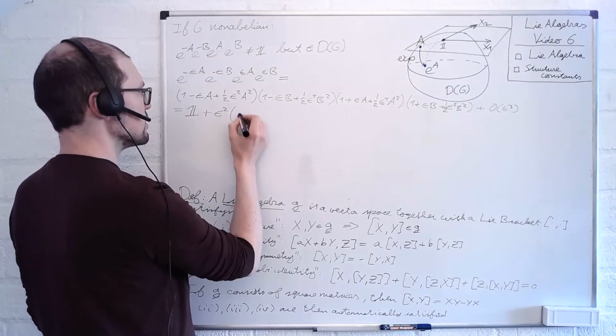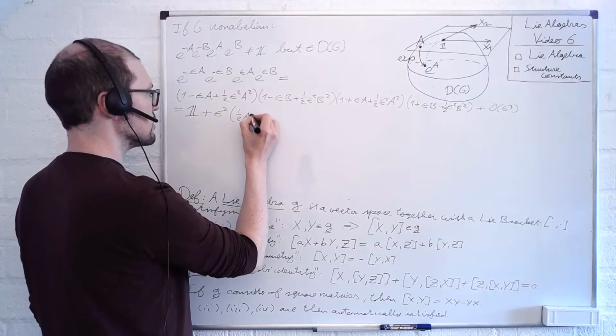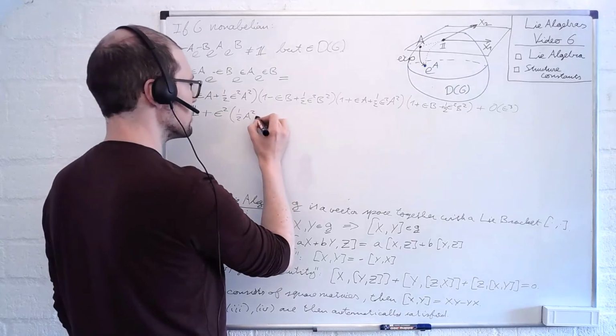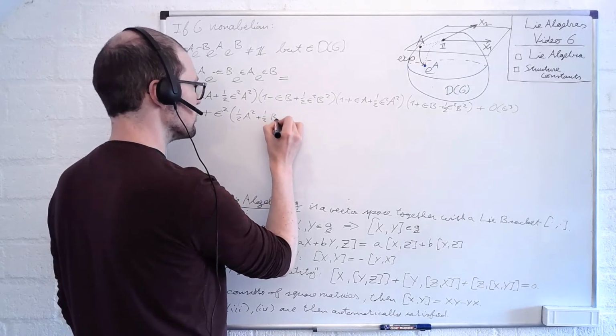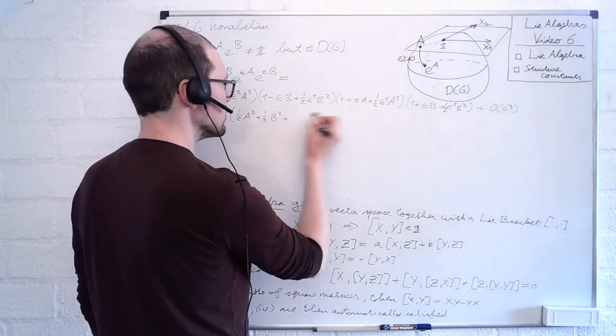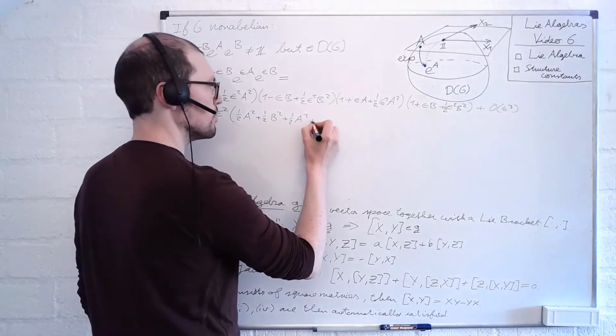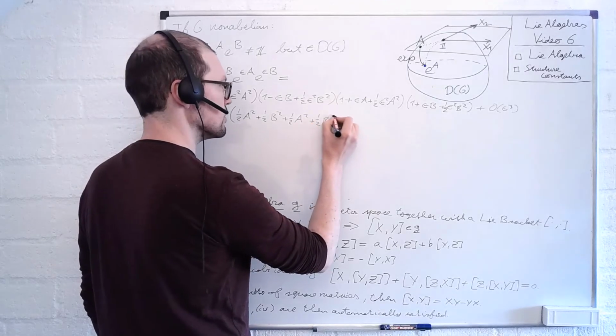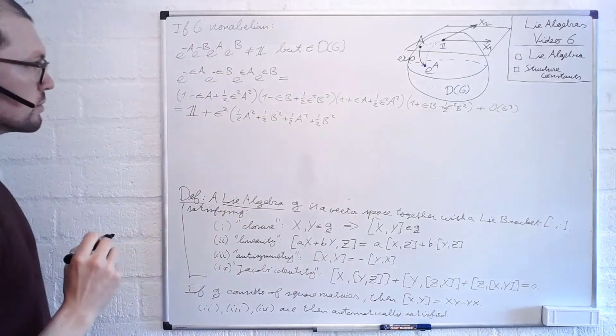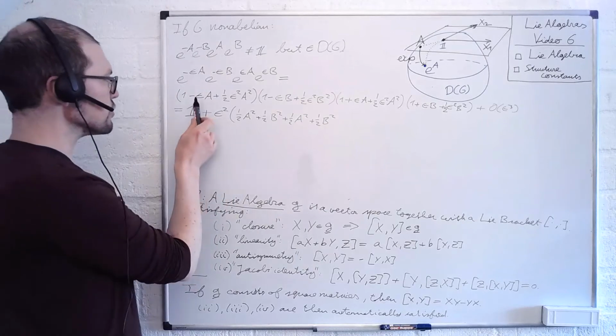I get a 1/2 a squared from this one, plus 1/2 b squared, plus 1/2 a squared, plus 1/2 b squared. And now I look at the cross terms.